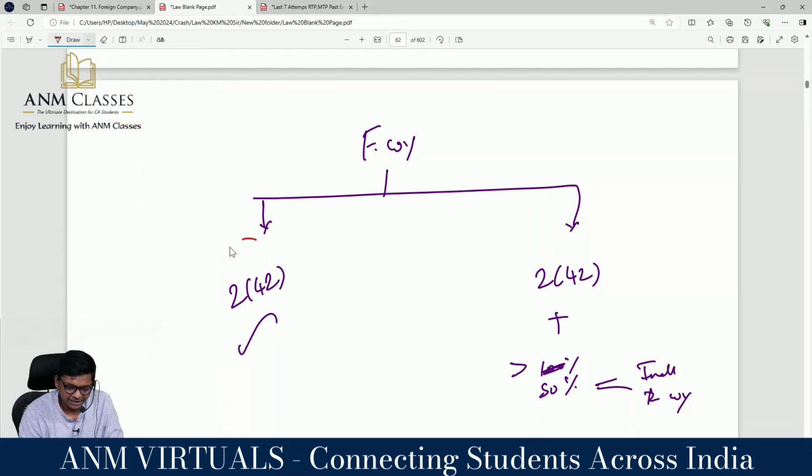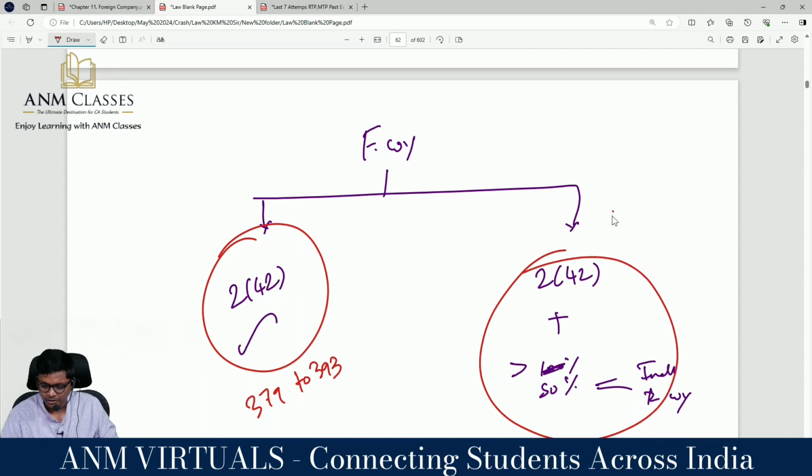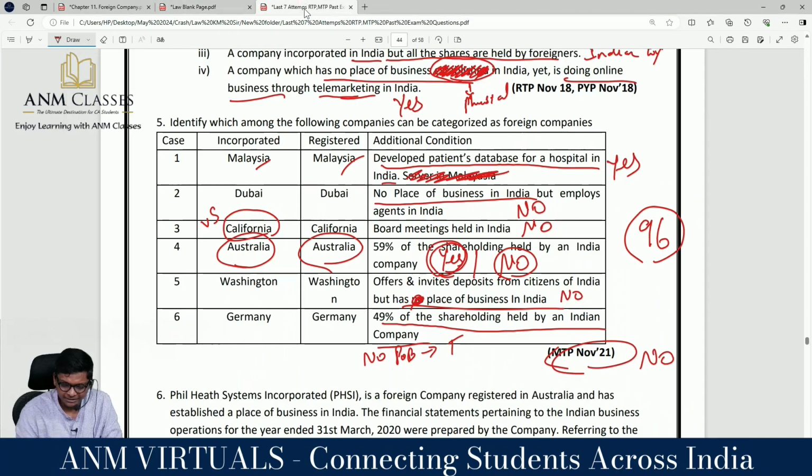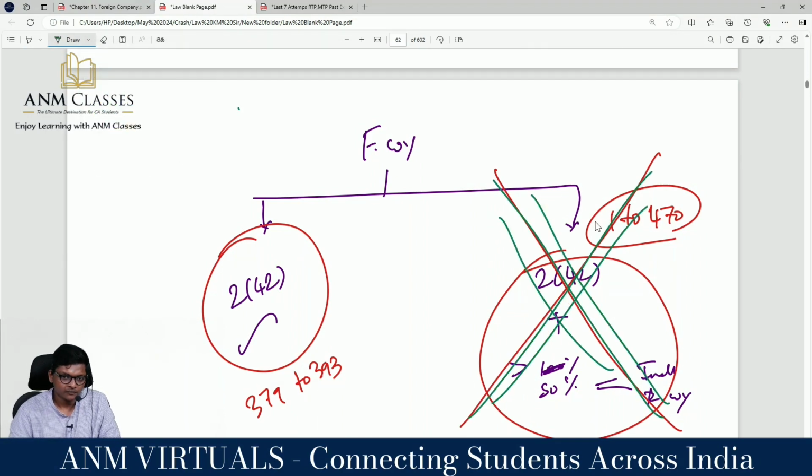For this company, they have to follow only 379(2), but they still refer back to other sections. For this company, 1 to 470, all sections of Companies Act. Now here, this company is having only 49%. So it will not come in this. It's not going to come in this because it's not more than 50%.